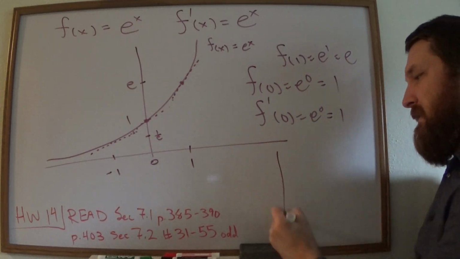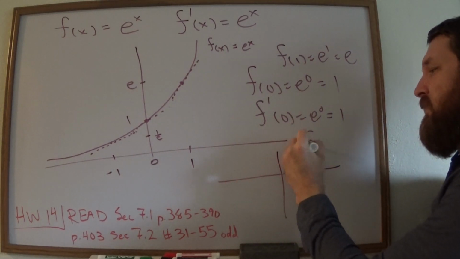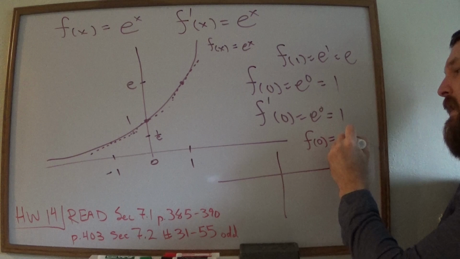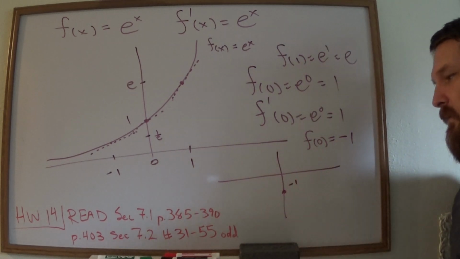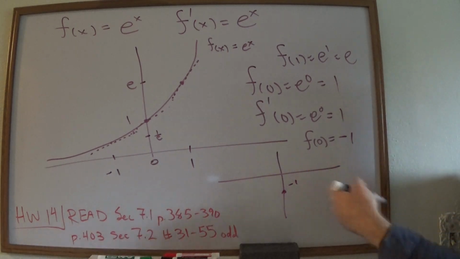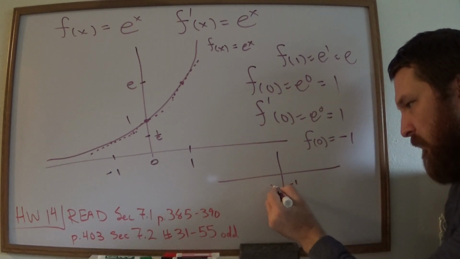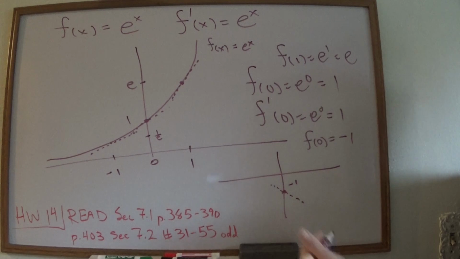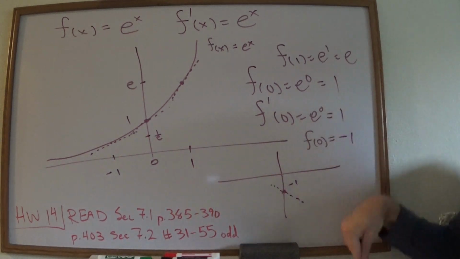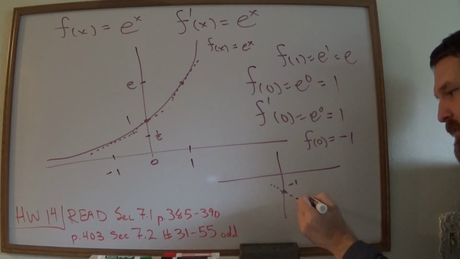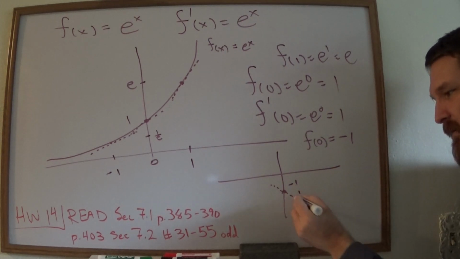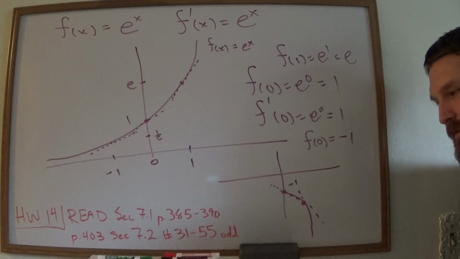Now, it depends where you start though. Because for instance, if I said there's some function where you plug it in and it gives you a negative 1 right there, and I say that its slope is equal to that, well, I guess it would look like that. So if I moved over this way some, it would go down some, and now it's even more negative, so its slope there is even more negative, and so it would have to come down like this.